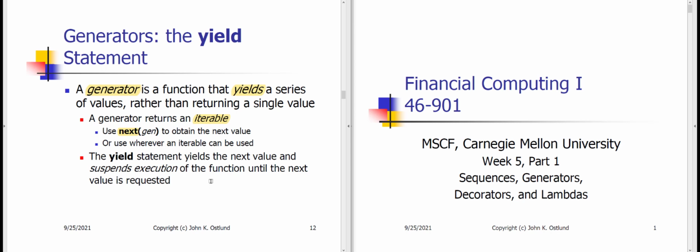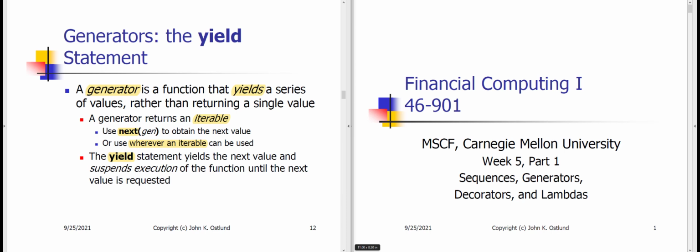Since the object that the generator returns is an iterable, you can use that any place that an iterable is able to be used. The primary difference syntactically between an ordinary function and a generator function is that you use the yield statement rather than the return statement to define a generator.